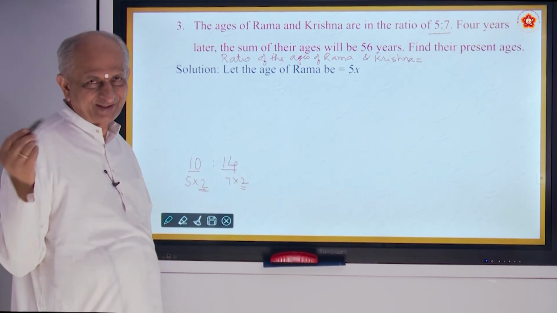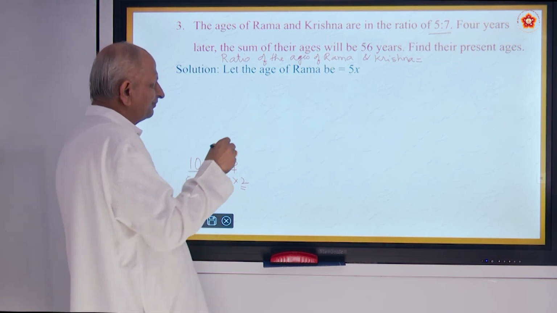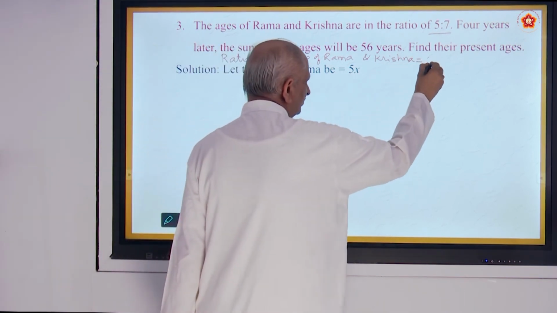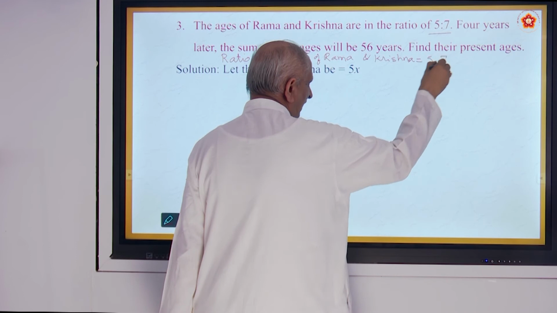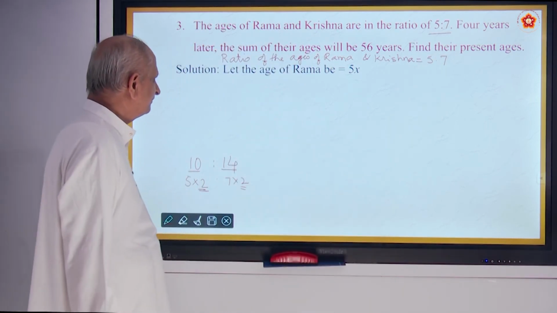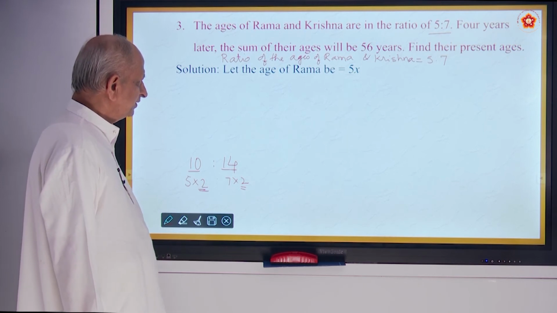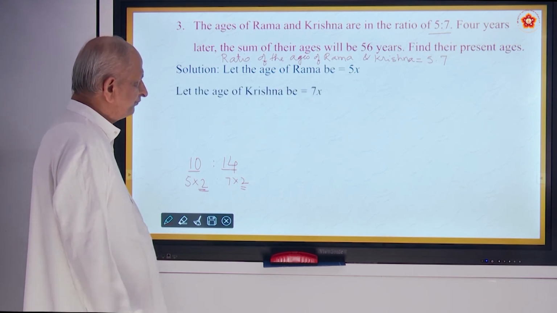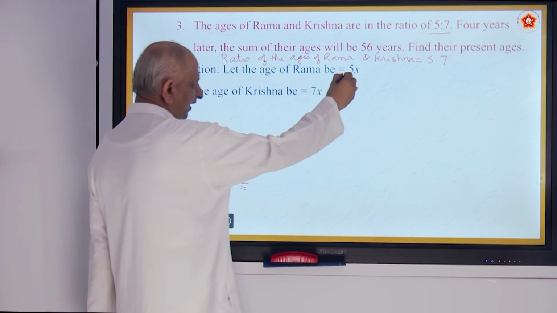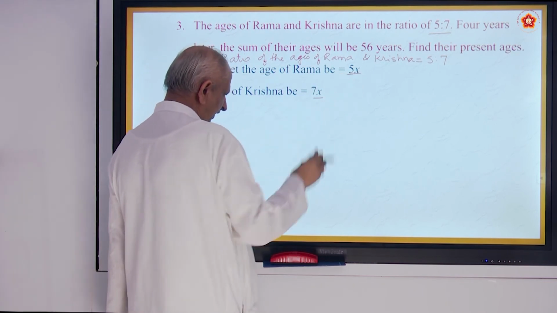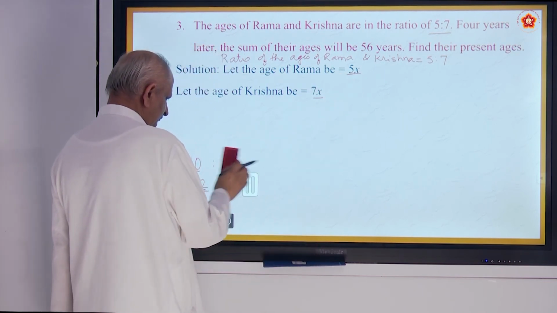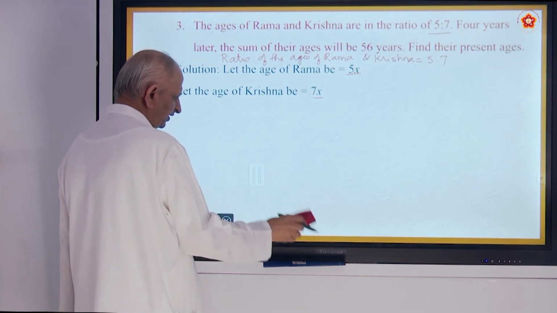Any name you can take, there is nothing in the names. So that ratio is 5:7. That is only comparative, we don't know exactly. So let the age of Rama be 5x. Then what about Krishna? If Rama's age is 5x, Krishna's age will be 7x. Okay, x is a constant factor.